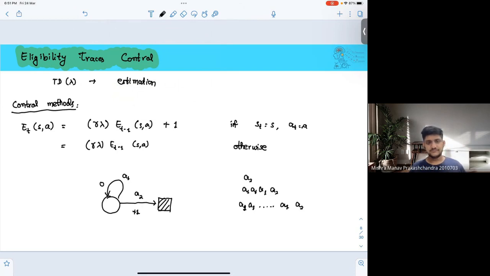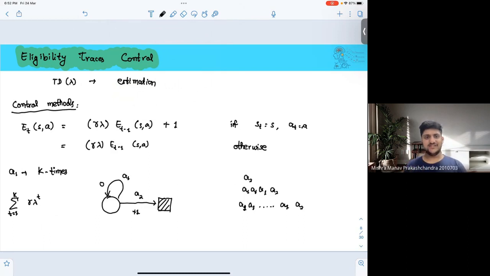Now, when I'm looking at the eligibility trace for each state-action pair, if action A1 has been taken k times, the way the eligibility for action A1 could be updated is as follows. Action A1 would have roughly this many updates to its eligibility, whereas action A2's eligibility would be updated only once.